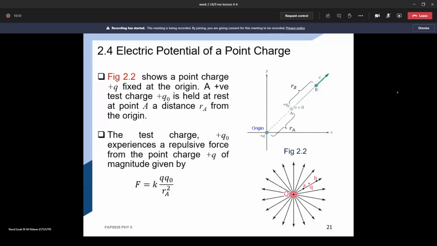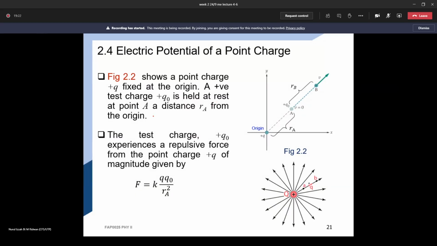So first of all, I'm going to derive U and V for a point charge. What we have done previously is only for parallel plates, now for a point charge. Let's say you have a big charge and a small charge. A big charge Q is located at the origin, and a positive test charge, a positive Q naught, is held at rest at a certain distance RA from the origin.